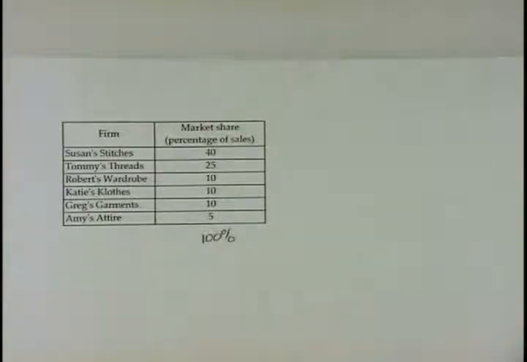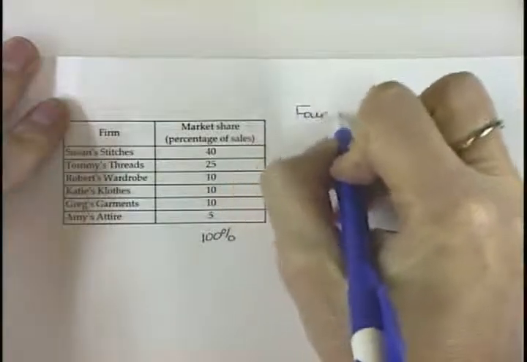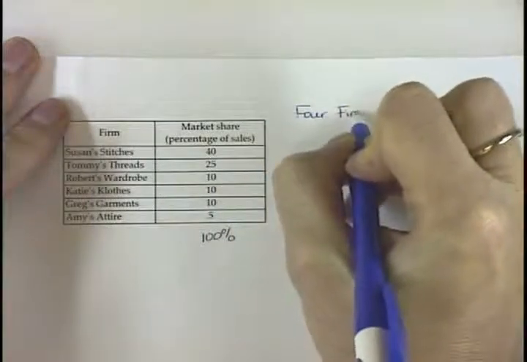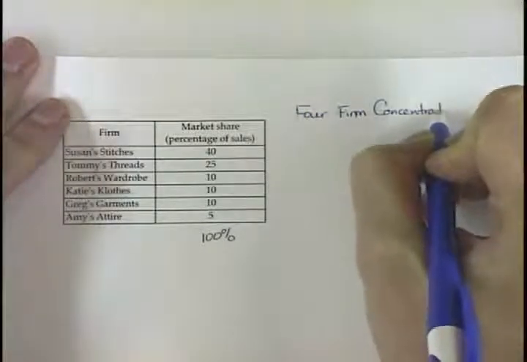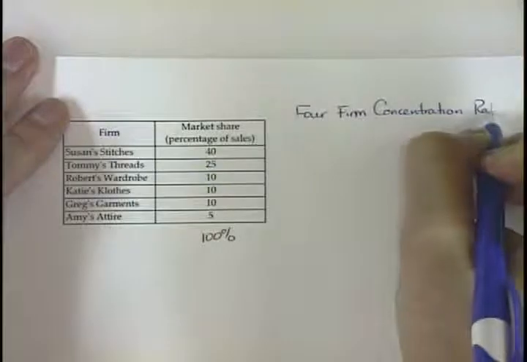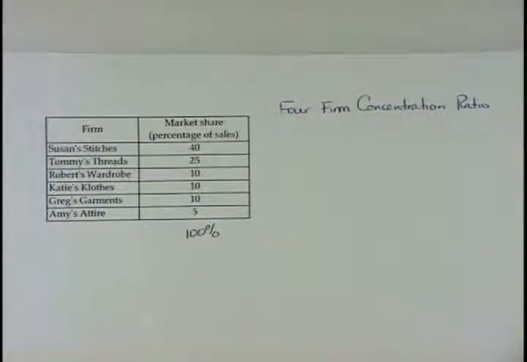So what we're going to do is learn about two different industry concentration ratios. The first one we want to look at is called the 4-firm concentration ratio. And the 4-firm concentration ratio is going to find for us what market share the top 4 firms earn.